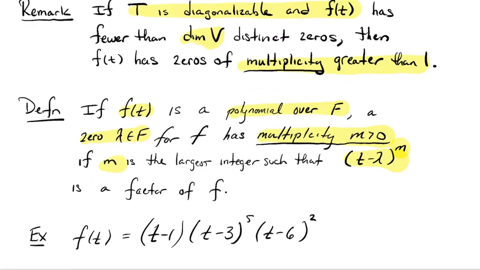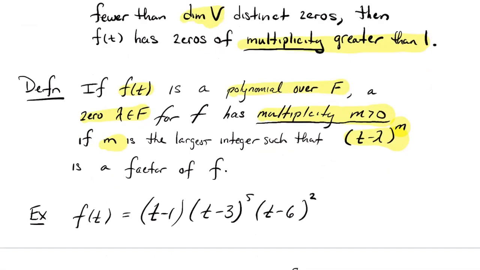So if we look at this example down here, my f of t has 3 zeros. The zeros, which I'm going to call lambdas, are lambda equal to 1, 3, and 6. And what are their multiplicities? Well, it's the exponents.